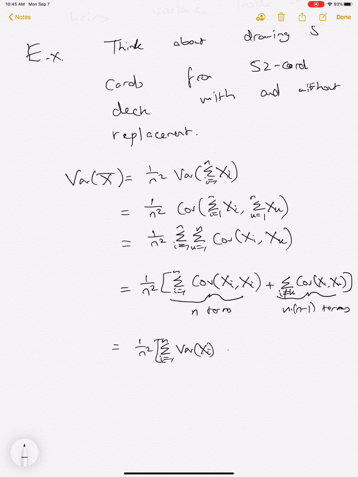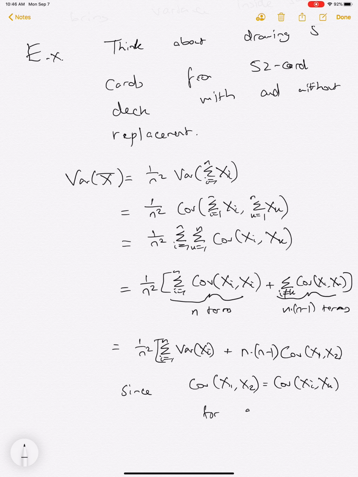And because everything's identically distributed, we can rewrite the second part as the covariance of X1 and X2, since the joints are all the same, so the covariance of X1, X2 is just going to be the covariance of Xi, Xk for all k not equal to i.